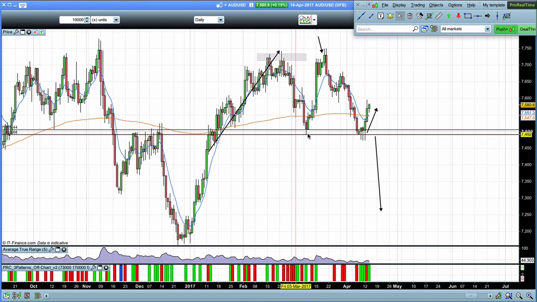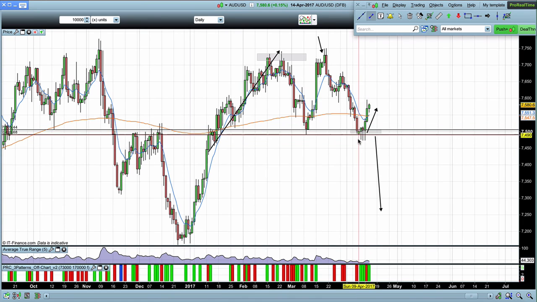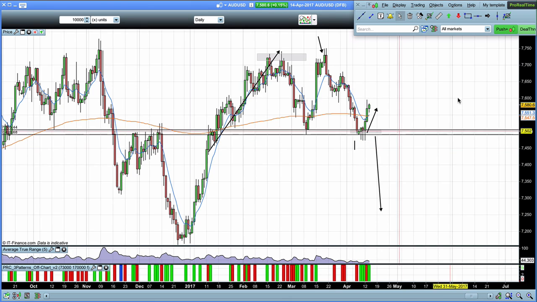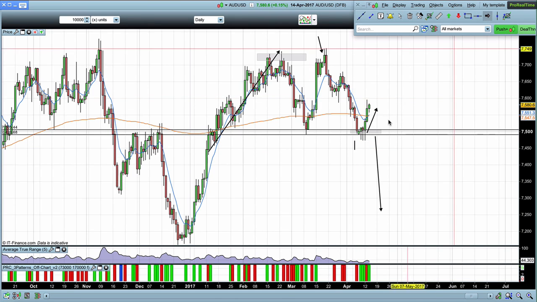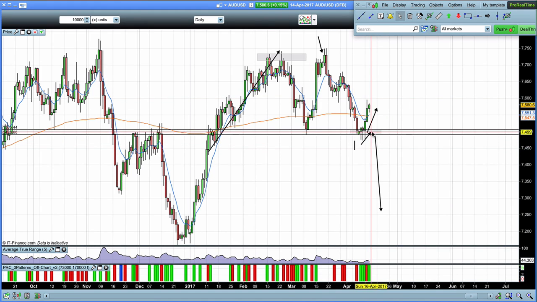So confirmation of the break would be a daily candle, a full day's trading breaking out of this level. Here, you can see this is testing the level and then rejecting, testing, rejecting, testing, rejecting. We would be looking for a full candle down below, breaking that level. Then the pullback for the resistance before the bearish move.